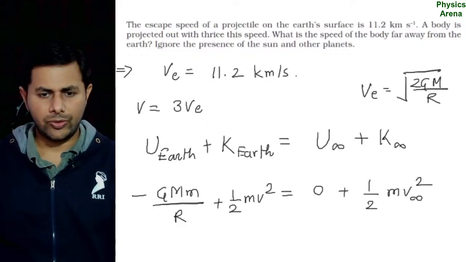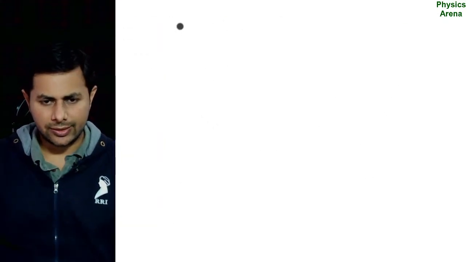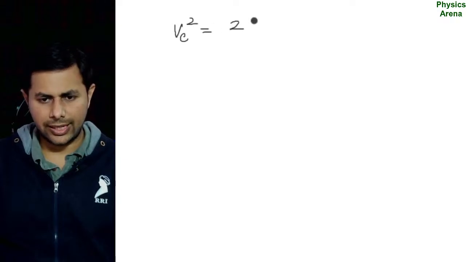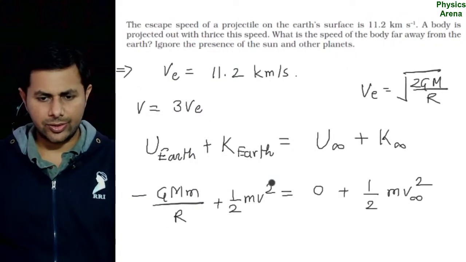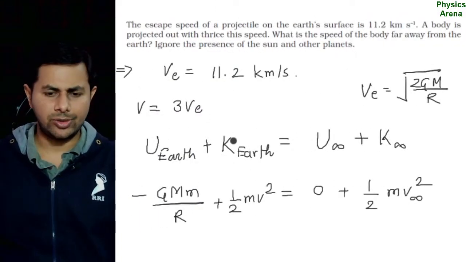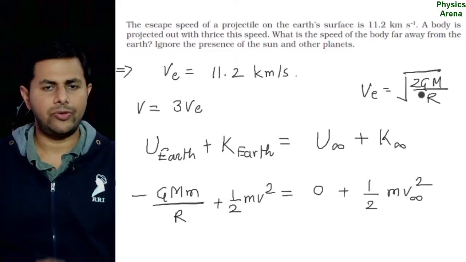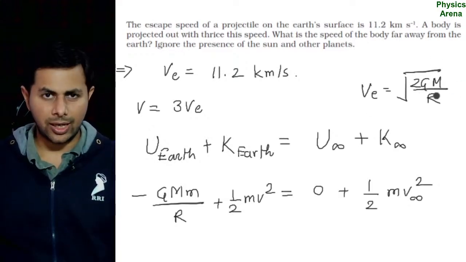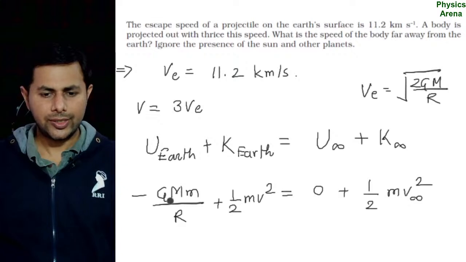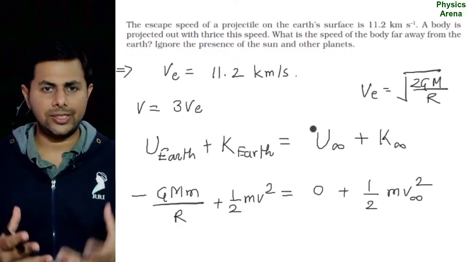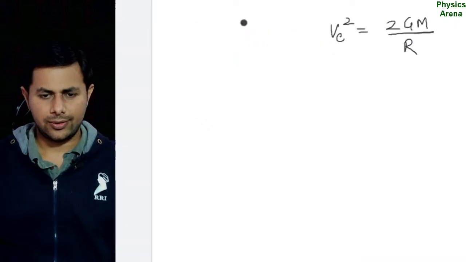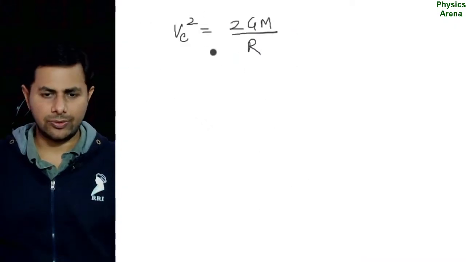So what will be v_e squared? v_e squared equals 2GM over R. Either I can substitute v equals 3 times v_e and then substitute v_e equals the square root of 2GM over R, or, in place of GM over R, I can substitute half of v_e squared.